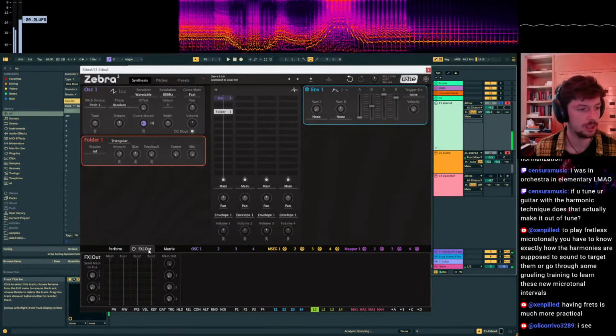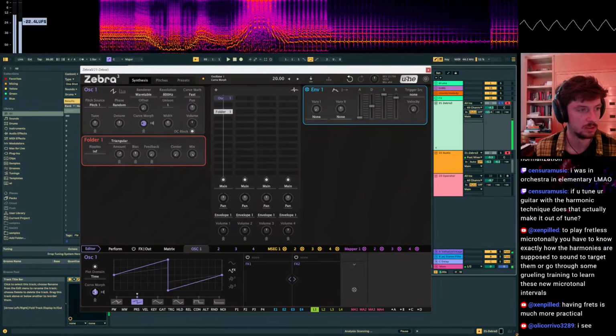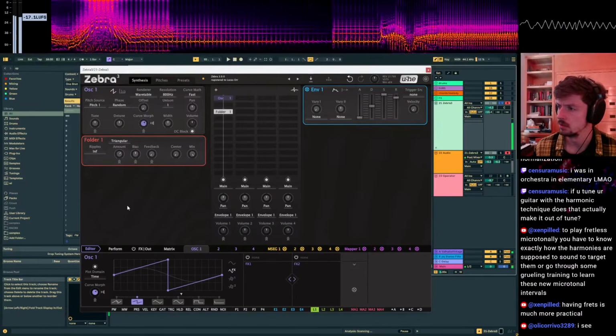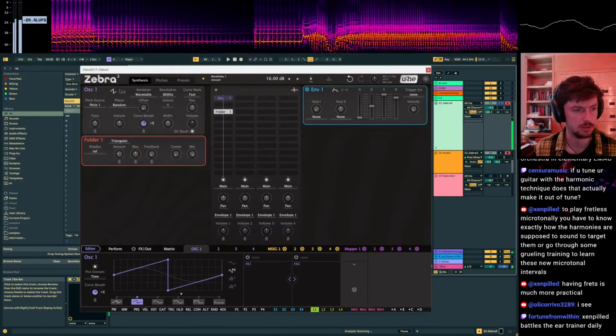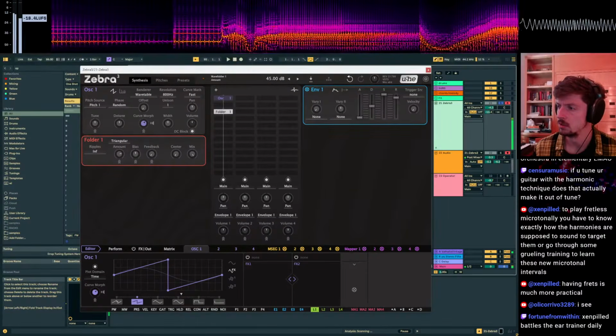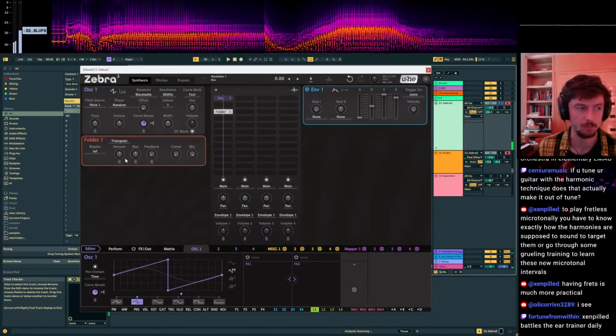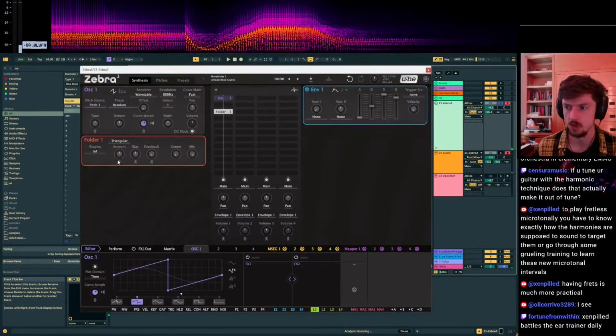Interesting. Why is that happening? I don't understand why it sounds like this. Oh, it's getting wavefolded as it increases in volume. Oh, that's interesting.